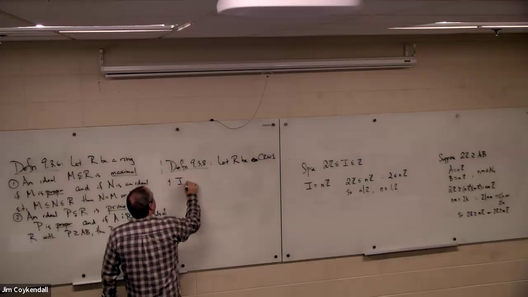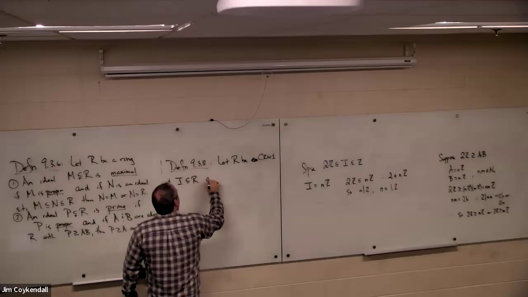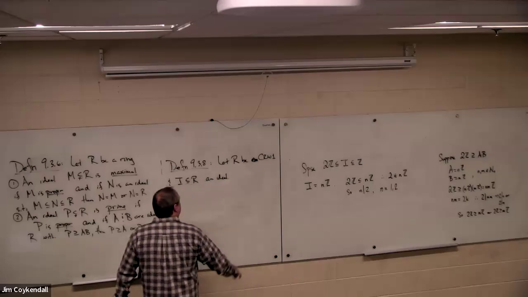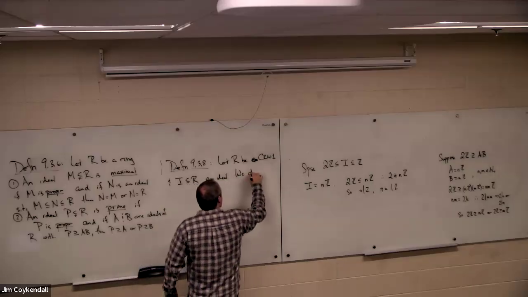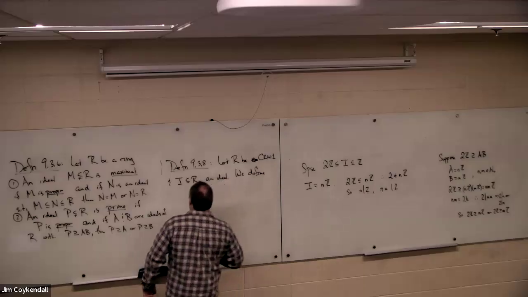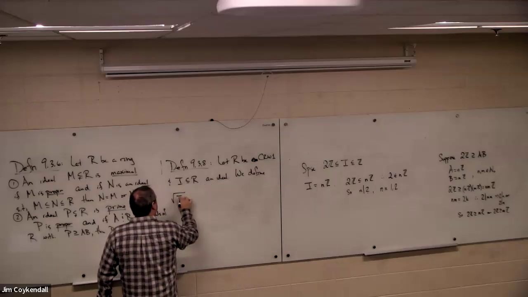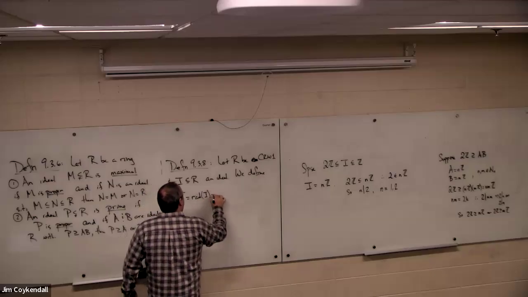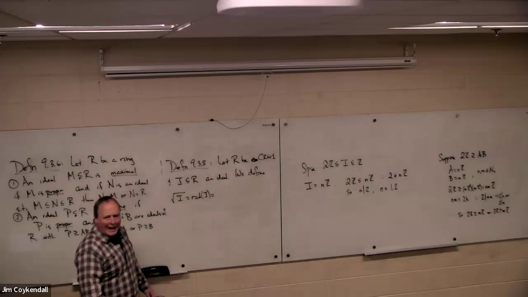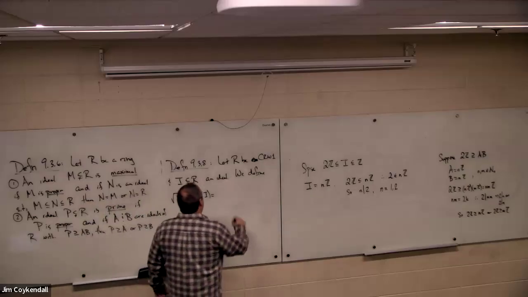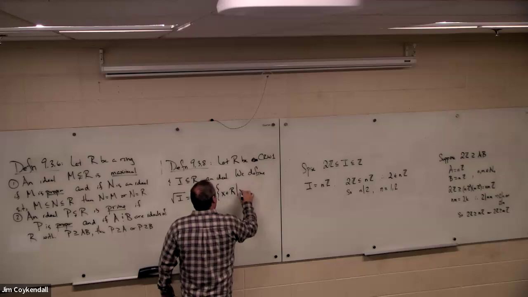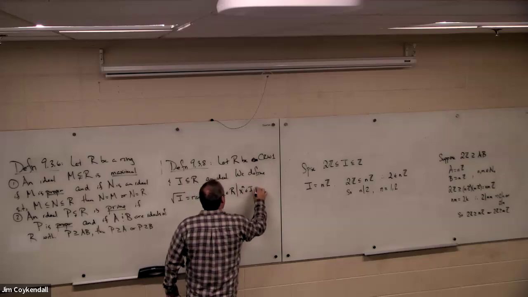Let R be a ring and I an ideal. We define the radical of I, and sometimes it's written rad I. This is the set of x in R such that x to the n is in I for some n in the natural numbers.